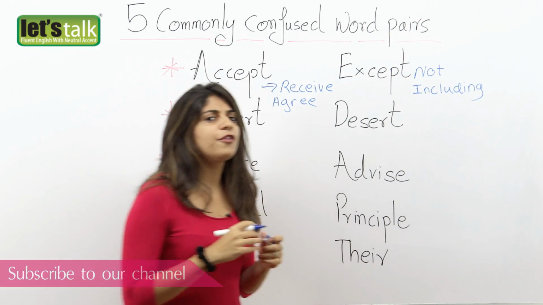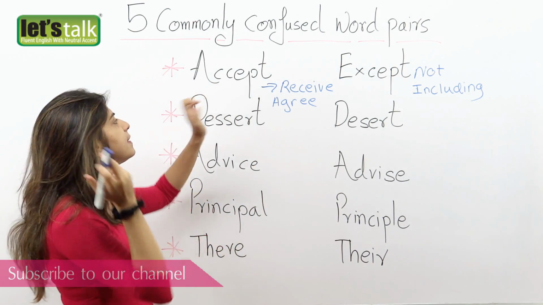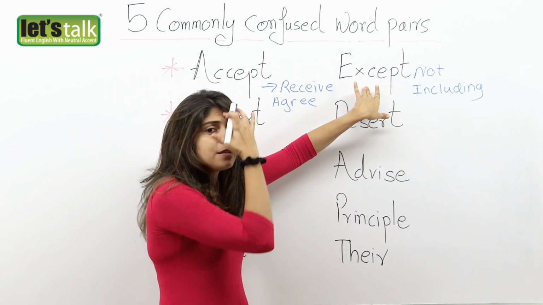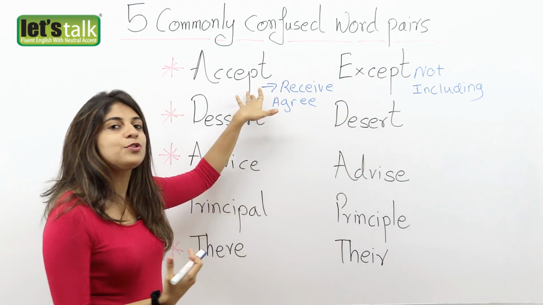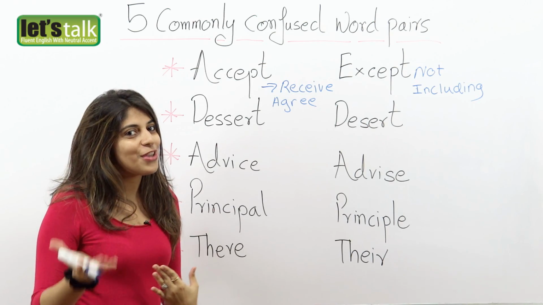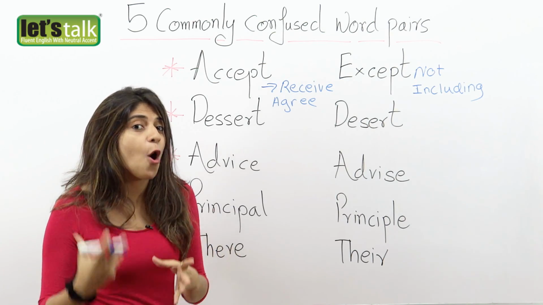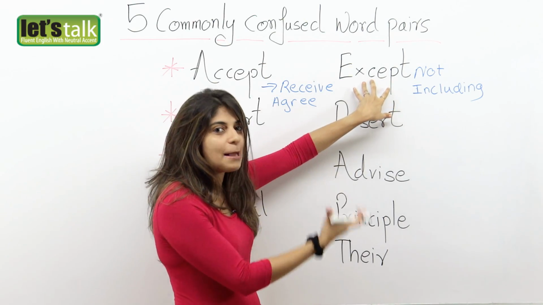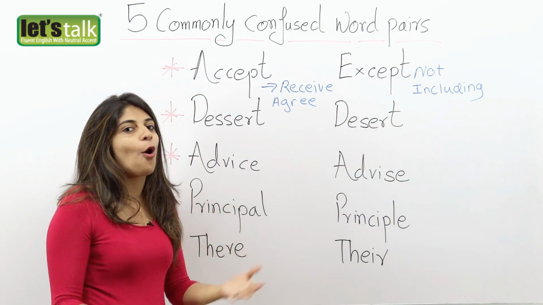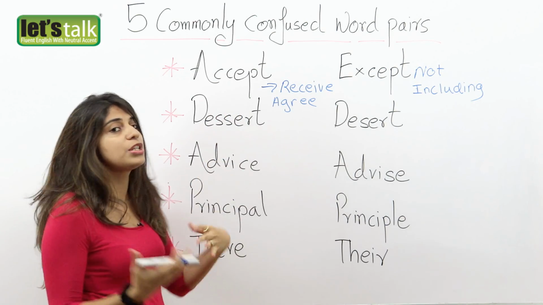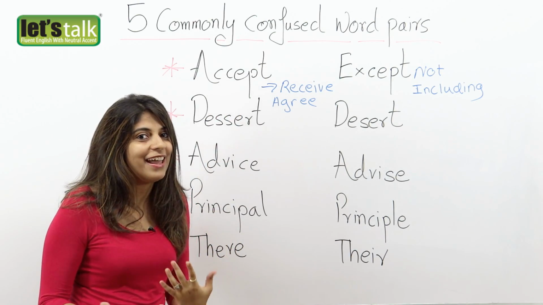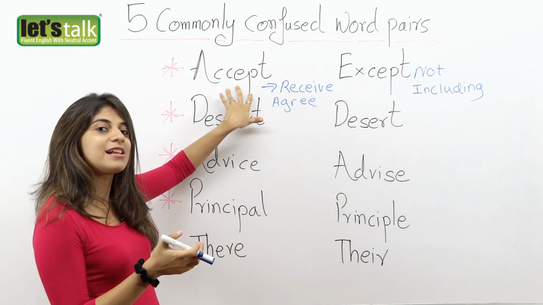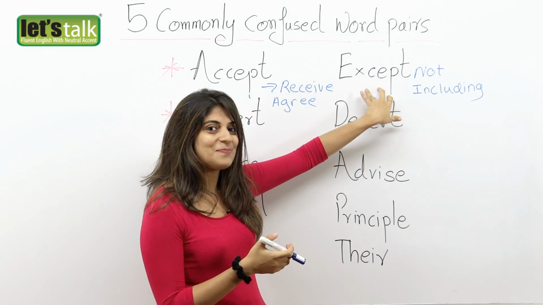So if you have to use it in a sentence, well, nobody except for John would accept your apology. So here we are saying nobody except for John. So John is an exception, and would accept your apology, which means would take your apology. So hope you understood how and when we use the words accept and except.